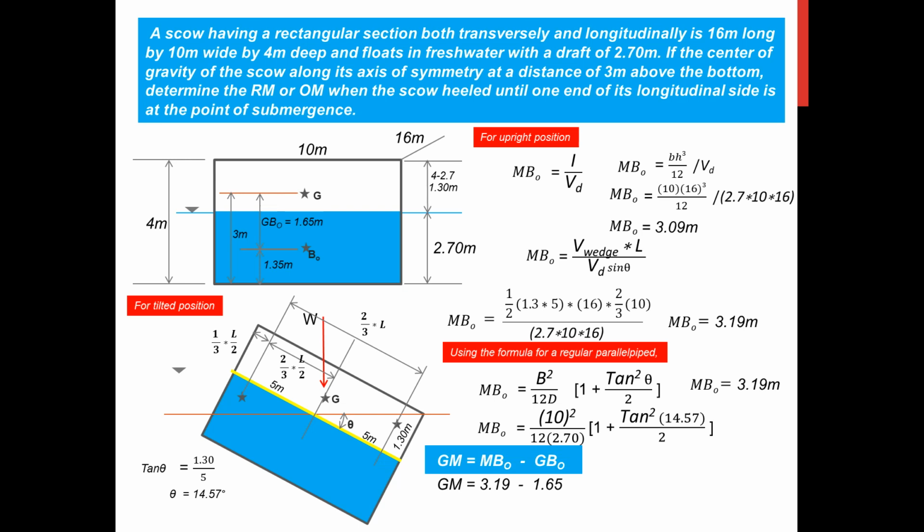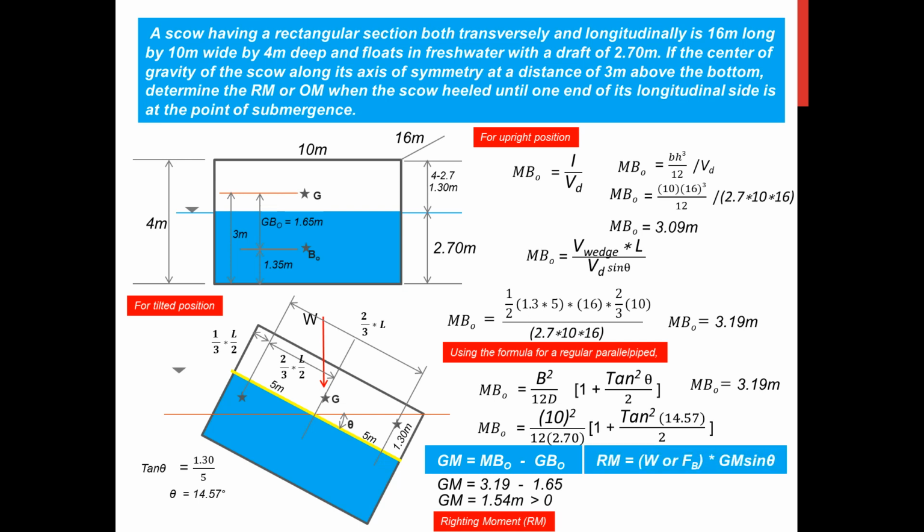We deduct 1.65 GBO that was computed a while ago. So the difference is 1.54 meters. So this will be our metacentric height. This metacentric height is greater than 0, indicating that a righting moment prevails from our assumptions.